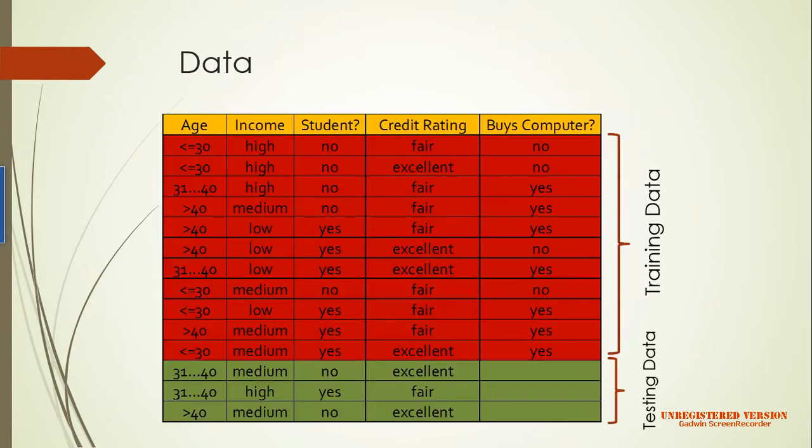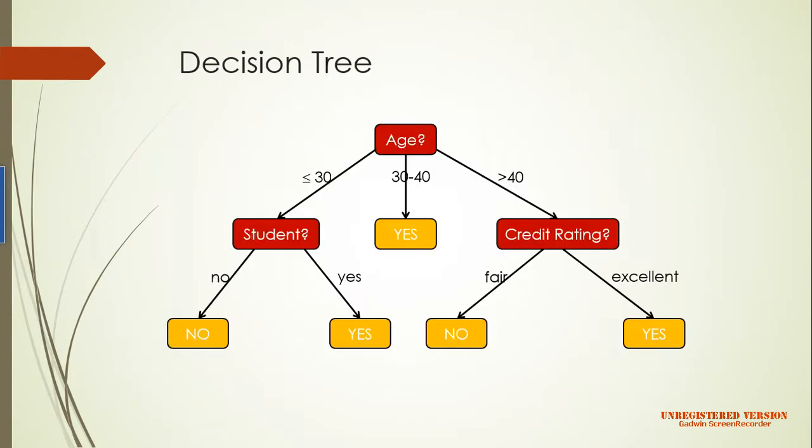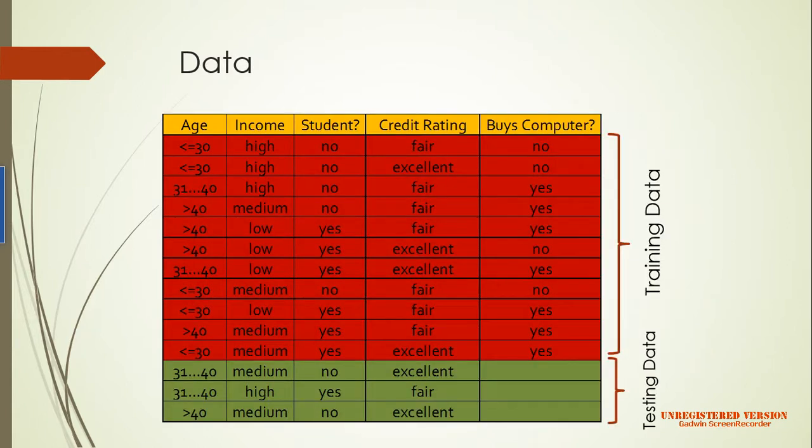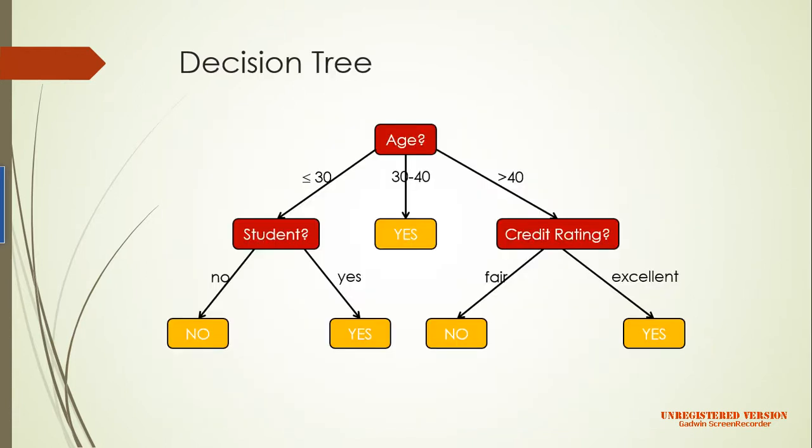It is excellent, so he is going to buy the computer. So in this example, all three customers of the testing data are going to buy computers. This is how data mining algorithms work.